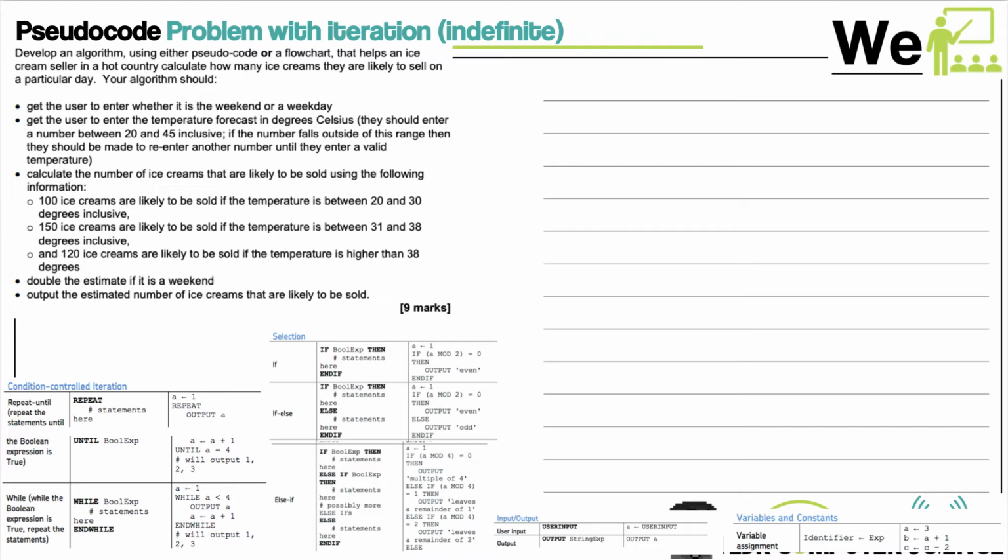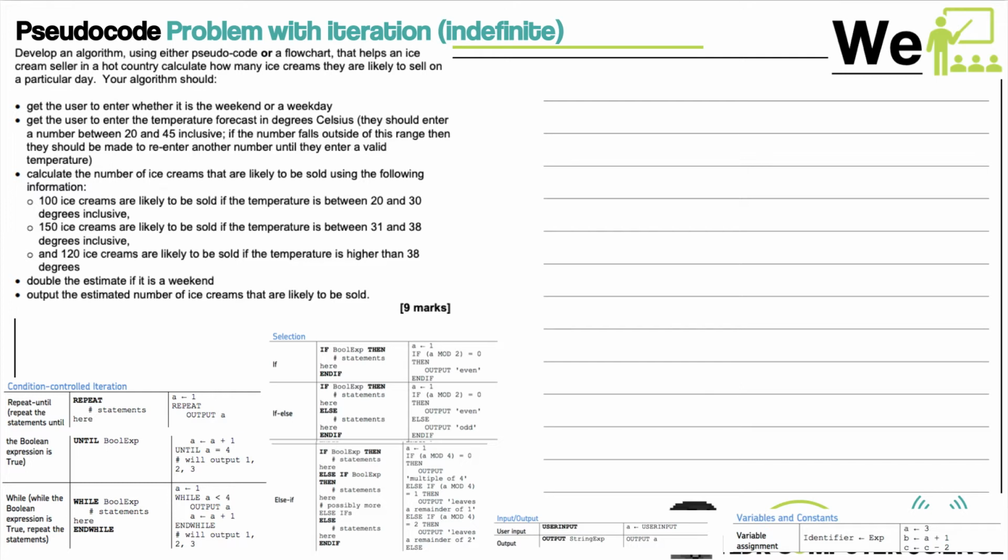And we can now tackle it bullet point by bullet point. We can read through it all potentially, but it's really nice they've bullet pointed it for us. They've basically decomposed and abstracted the problem, which is great for us. Get the user to enter whether it's the weekend or a weekday. So, technically, I'm a bit anxious because I'm a bit low on space, but technically, I probably should ask the question, first of all, to ask them whether it's a weekend or a weekday.